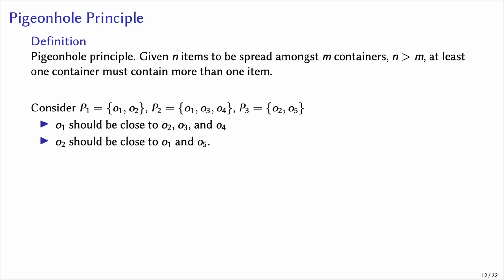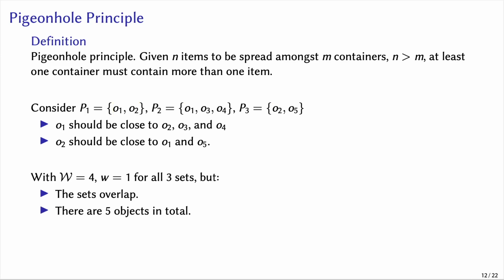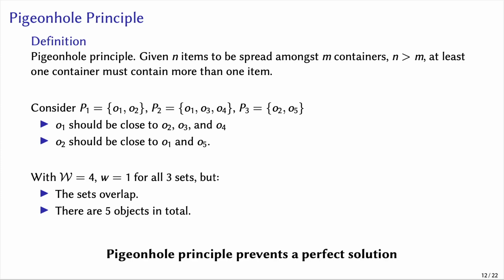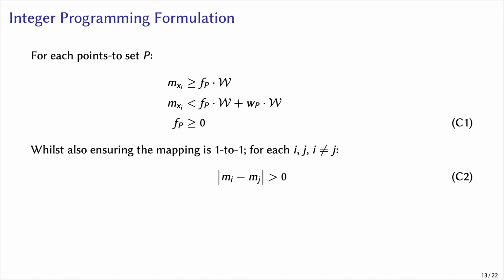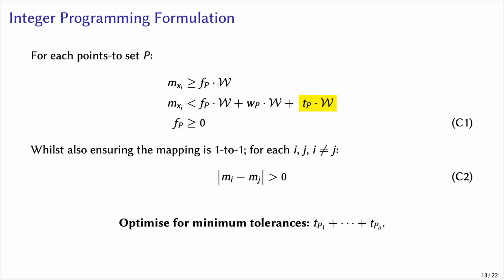With a word size of 4, small w is 1 for all sets. However, the sets overlap, and we have 5 objects in total. A word can only contain 4 bits, not 5, and so the pigeonhole principle makes solving this impossible. To solve this, we add a tolerance to the range which our identifiers can fit in. Obviously, this is trivially solvable with astronomical tolerances, so we optimize for a minimum sum of tolerances.